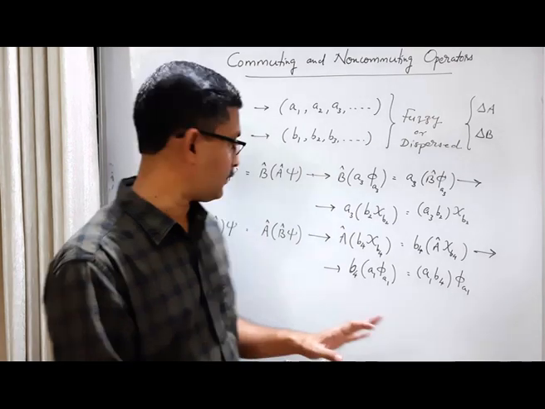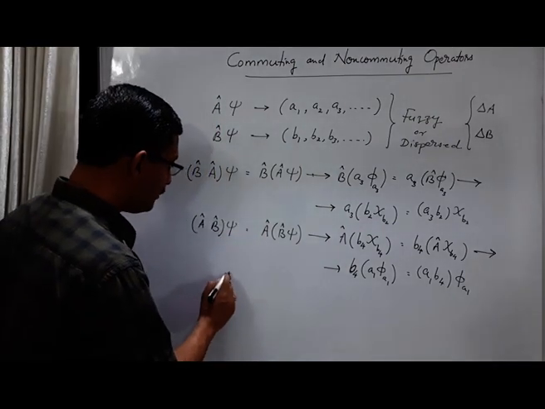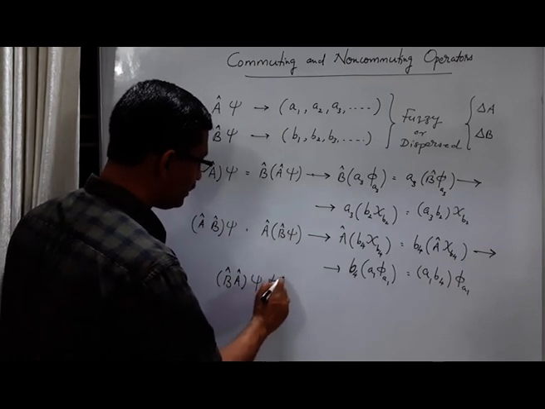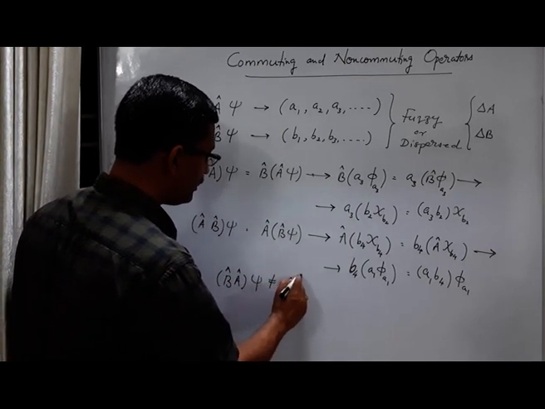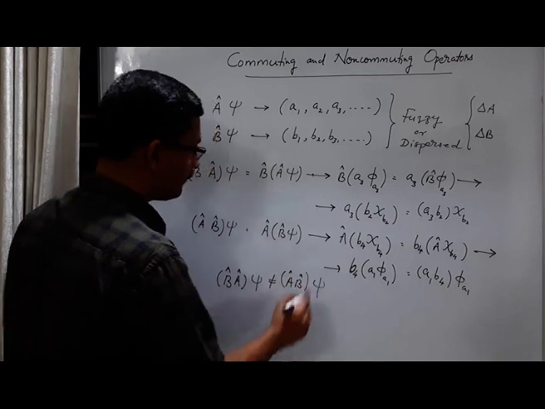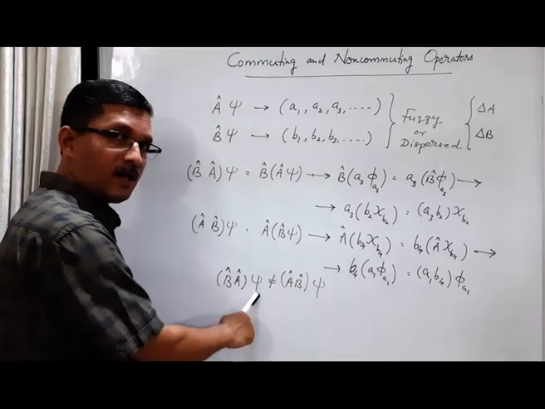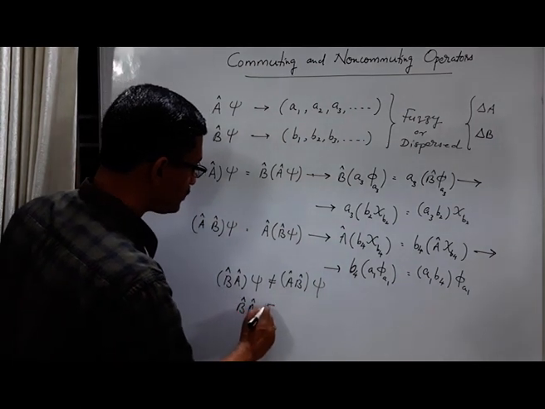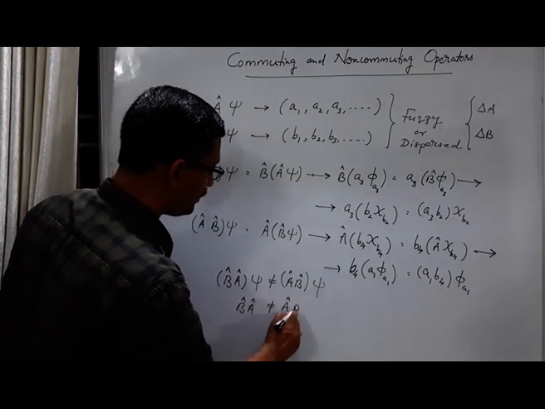That means the results are different, so BA psi is not equal to AB psi. If they are not equal for any one state, we can surely say that BA is not equal to AB.